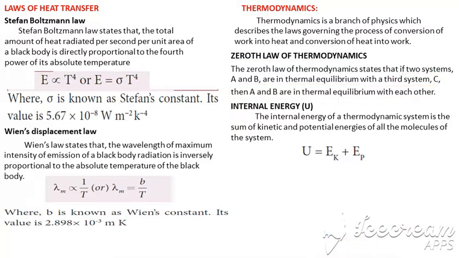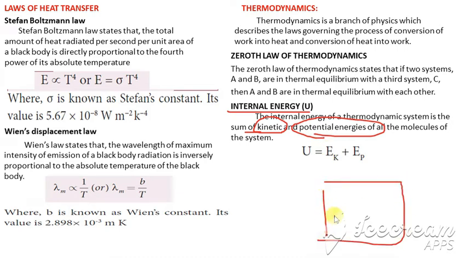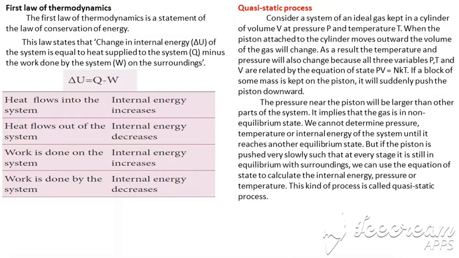Next is internal energy. So what is meant by internal energy is the sum of kinetic and potential energy of all the molecules of a system. So if we sum up, that is, add, the kinetic and potential energy of all the molecules in a system, that gives your internal energy. Okay, then we have the first law of thermodynamics.